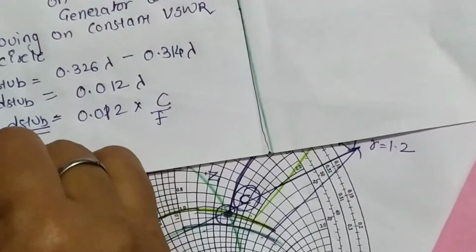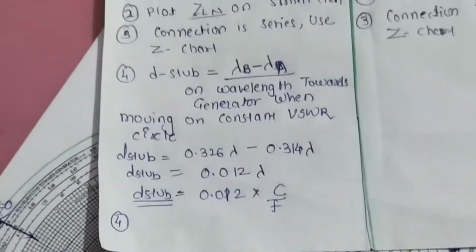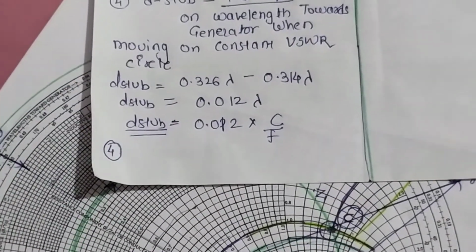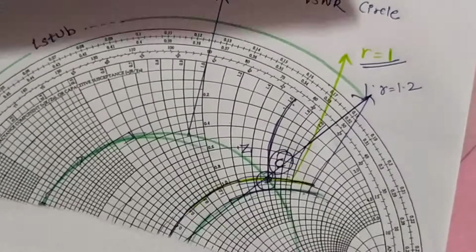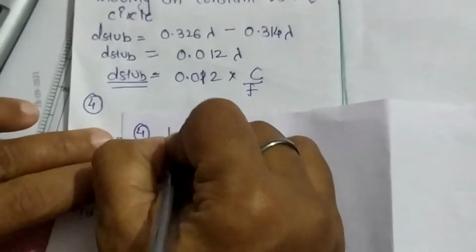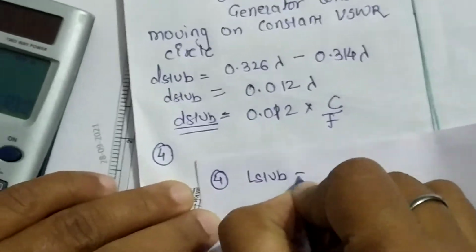Okay, so the fourth step in our discussion is going to be, let me fold the paper so that we can have the discussion on the same line. The fourth point: L stub is equal to what?